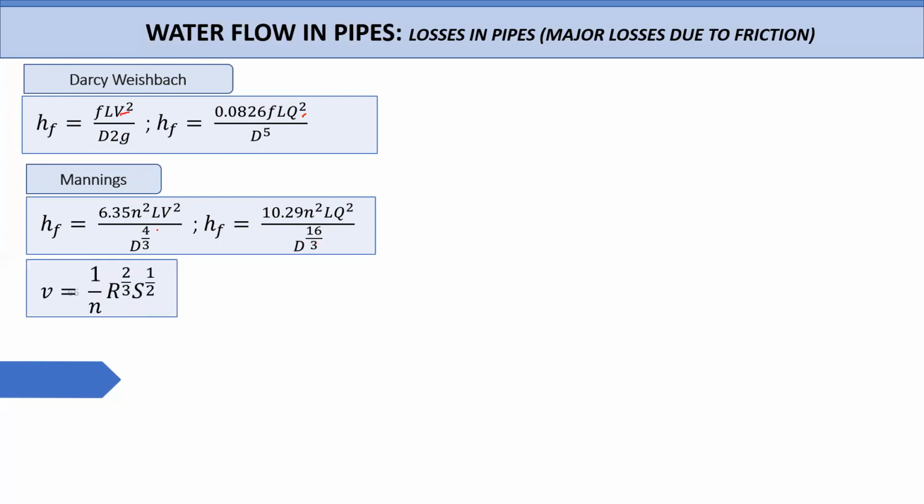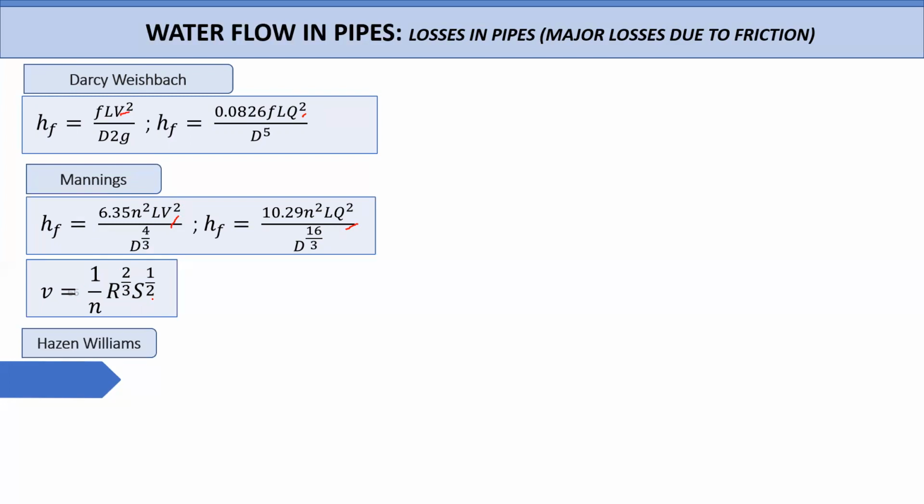So when it says Manning's and velocity is given, use this. Once discharge is given, use this one. Our V can also be found with this equation: 1 over n times R to the power of 2/3 times S to the power of 1/2.